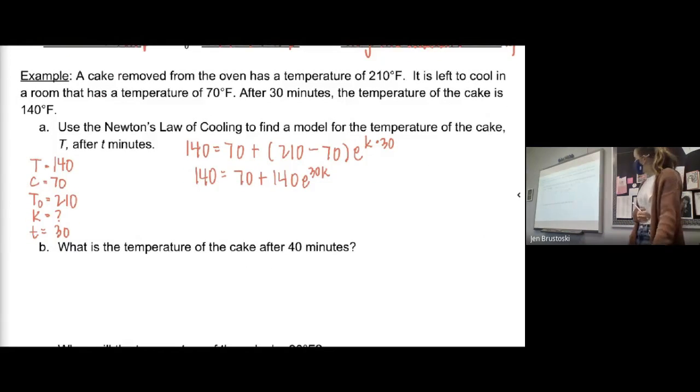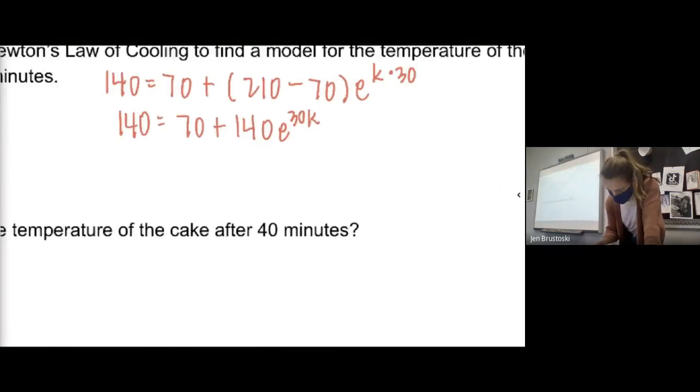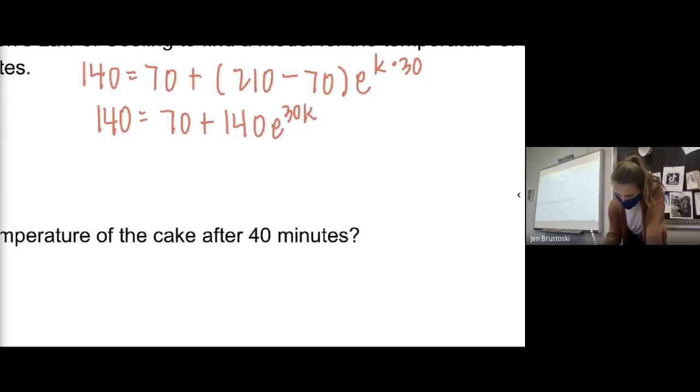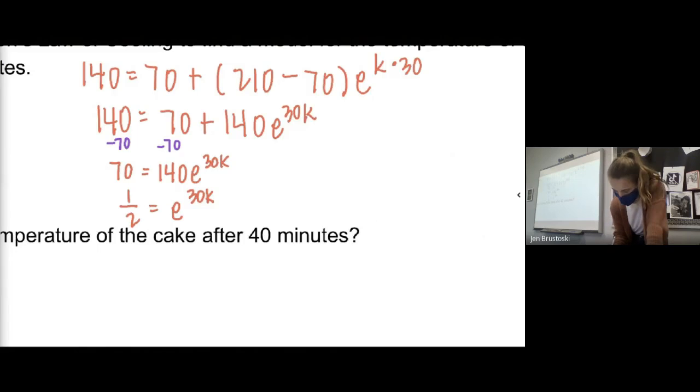So we're going to solve for K. If we subtract 70 from both sides, I have 70 equals 140 e to the 30K. Divide by 140, I get 1/2 equals e to the 30K.